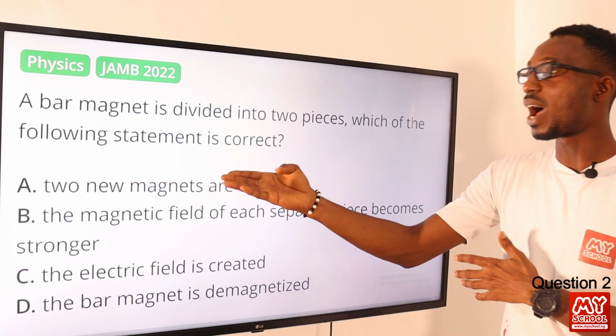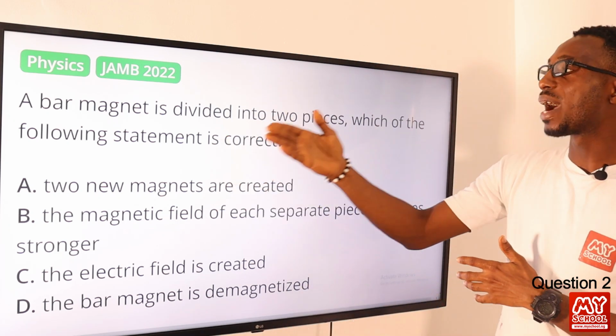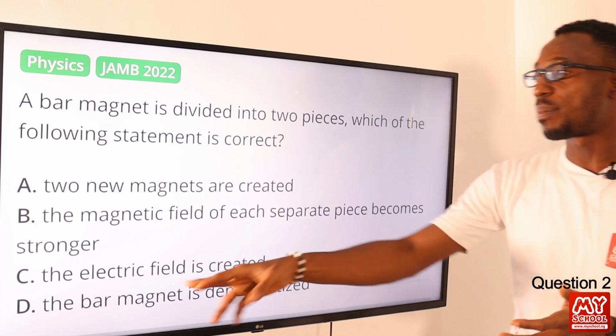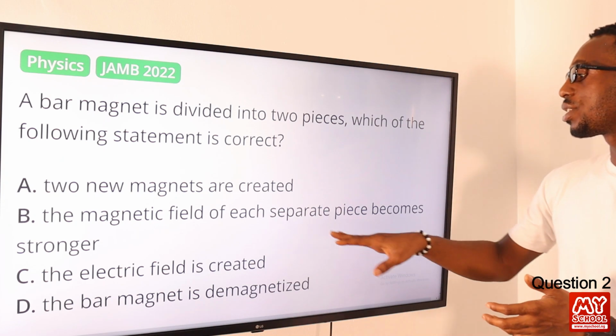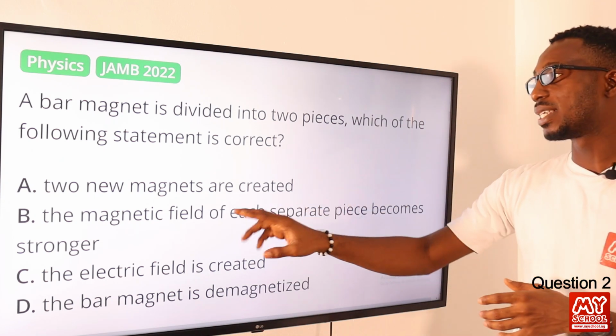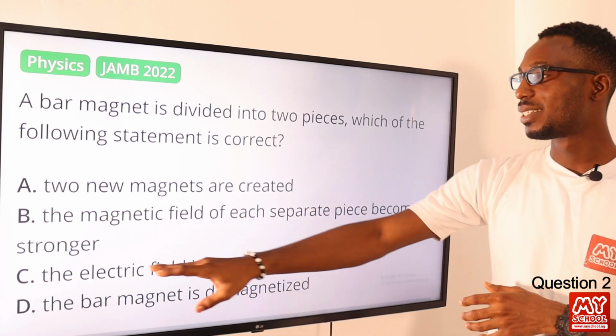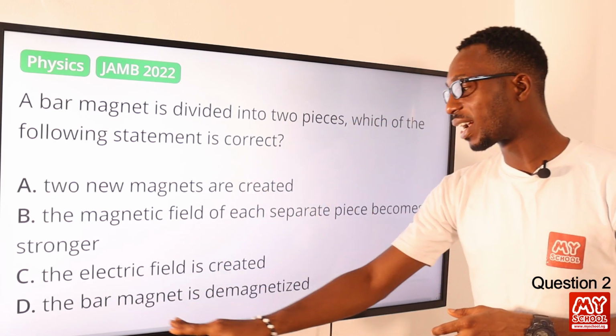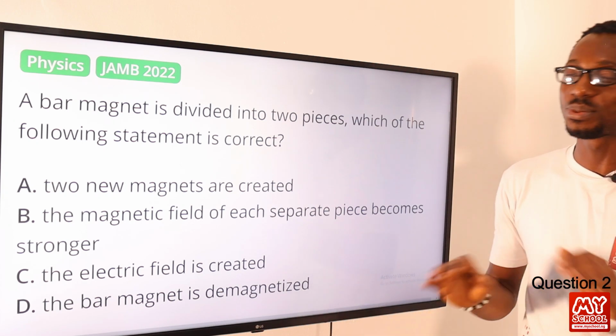So when we have this kind of scenario, a bar magnet being divided into two pieces, what's going to happen? The magnetic field of each separate piece becomes stronger. This is incorrect. The electric field is created. No, this is not good. The bar magnet is demagnetized. This is wrong.